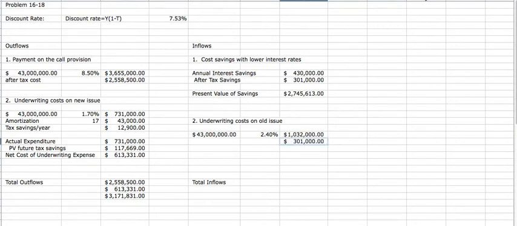So we've already amortized $301,000 of this $1,032,000 number.